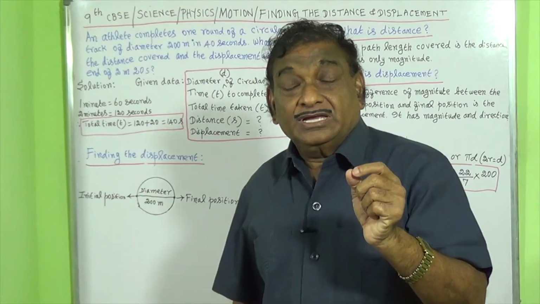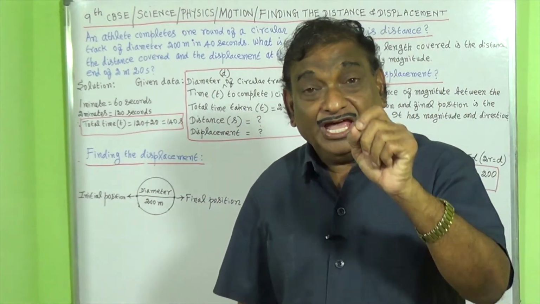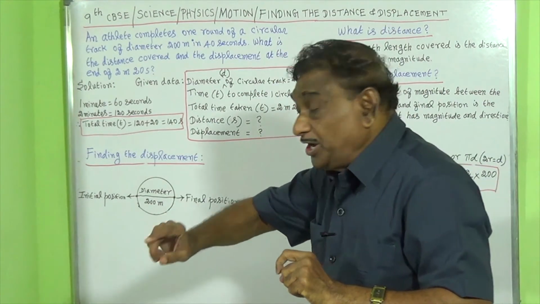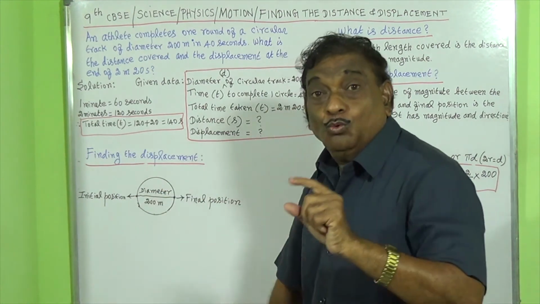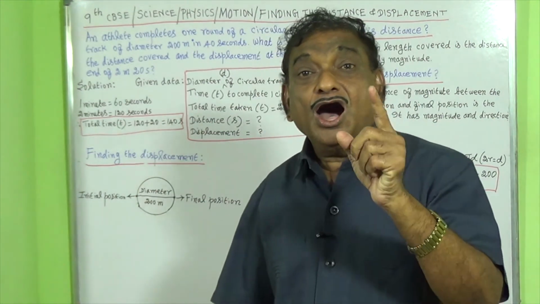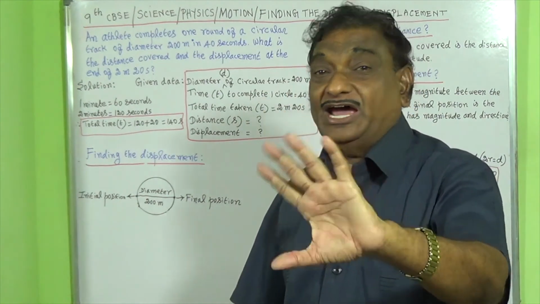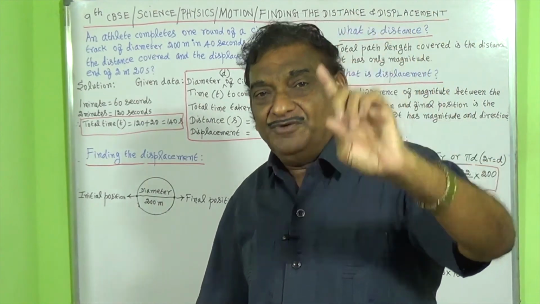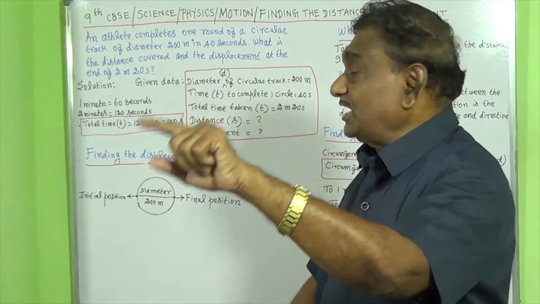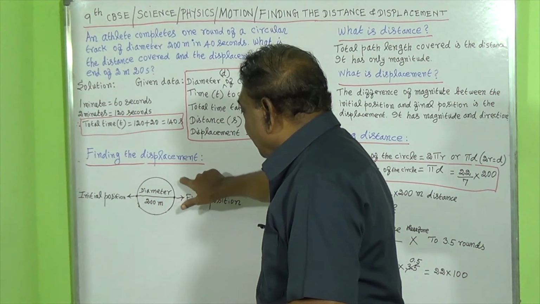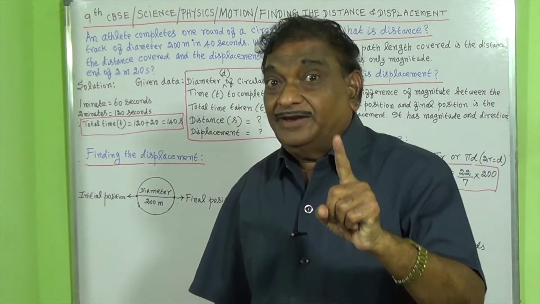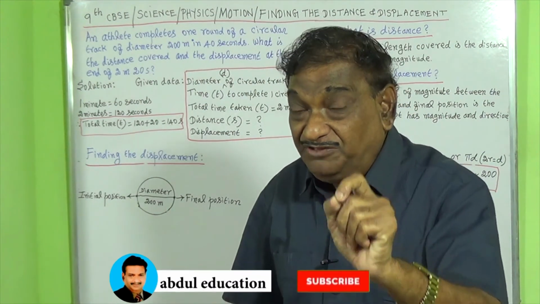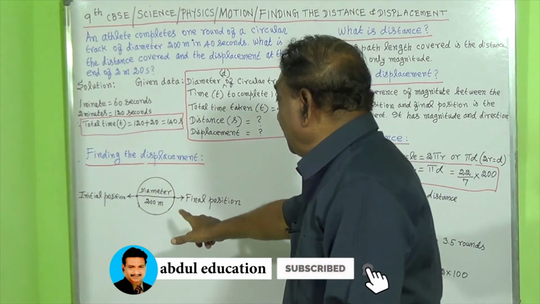Don't think that, sir, after completing the 3 rounds, he has completed the 0.5 round, so why don't I say the half of the circumference he has completed? No, we cannot say that displacement covered is half of the circumference, because we should note that the displacement is the difference between the initial position and the final position.